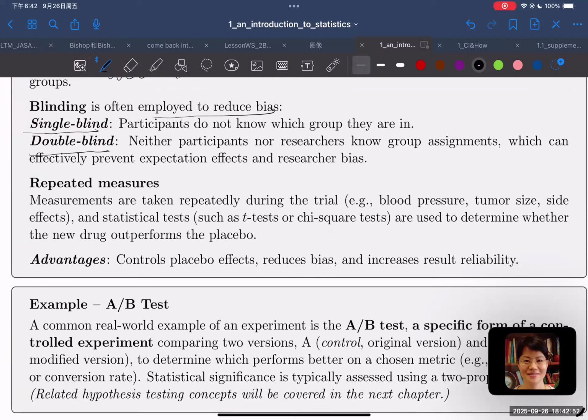Single blind means only the participants do not know which group they are in. For double blind, neither participants nor the researcher know the group assignment. So this effectively prevents expectation effects and research bias. This is blinding.